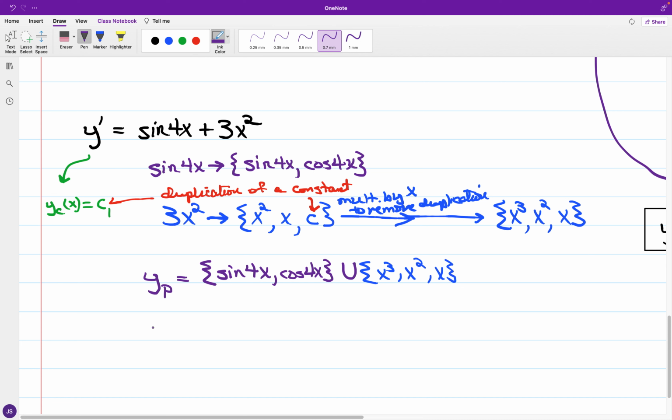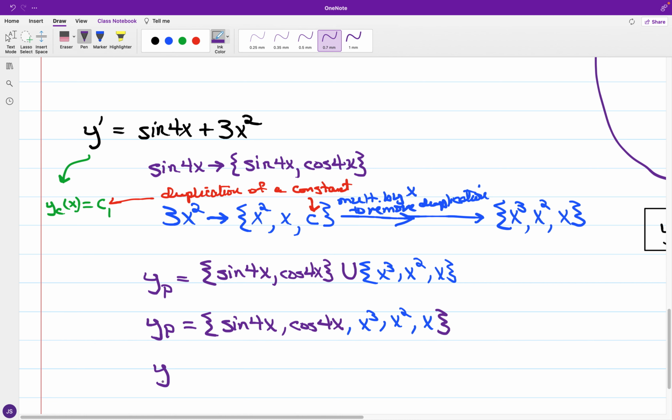If I take the union of sets, we have the sine of 4x, the cosine of 4x, x cubed, x squared, and x.